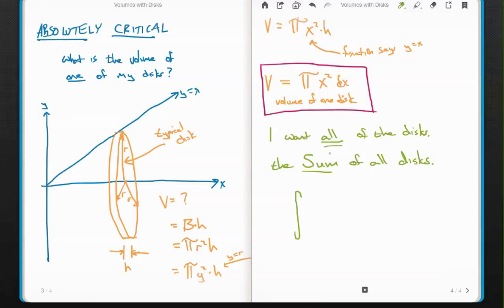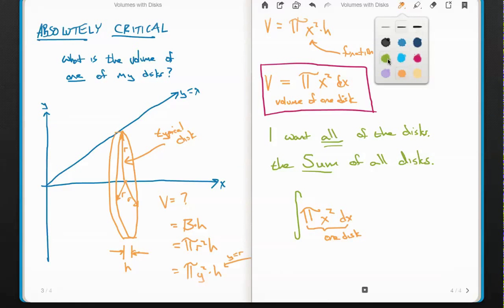So it's the sum of all my individual disks, which is this guy here, pi times x squared times dx. This is one disk. That's my integrand, and all of the disks become this.